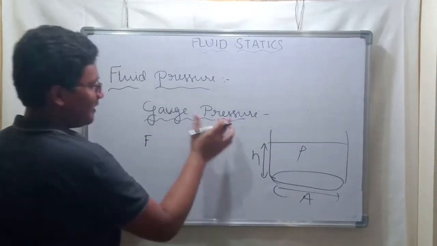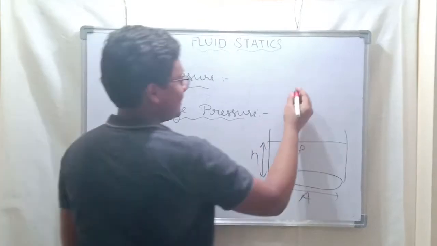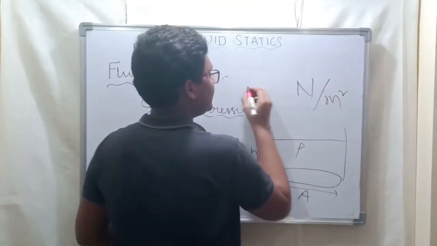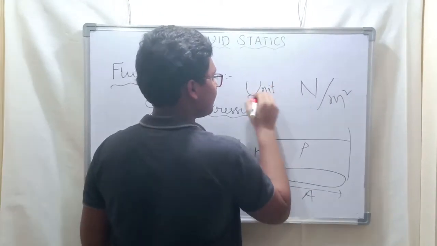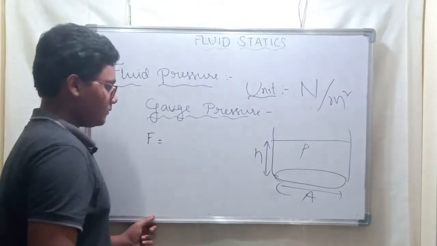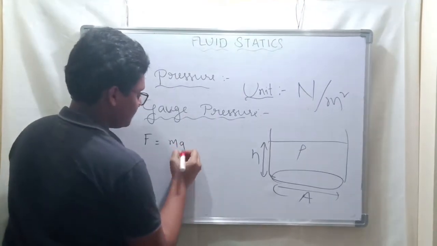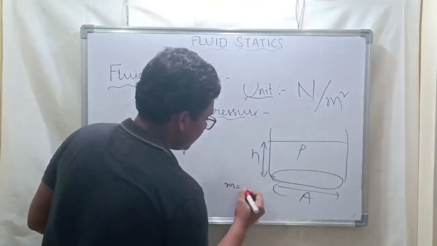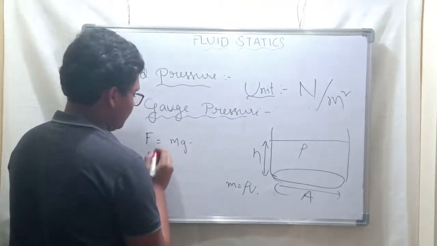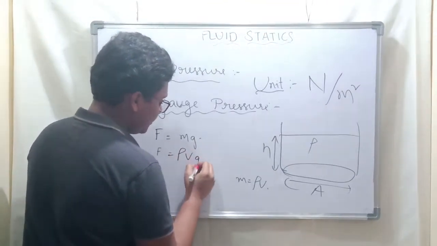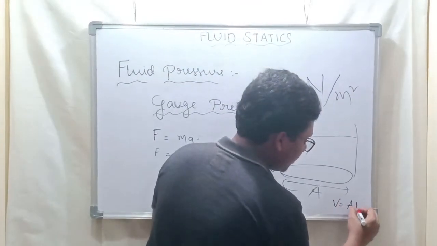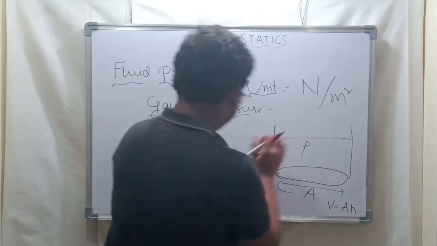We will take this for deriving the gauge pressure formula. The pressure units are Newton per meter square, and F is equal to mg, and m is equal to rho V, density into volume. So F is rho Vg. V is equal to area into height, area of this bottom into this height.